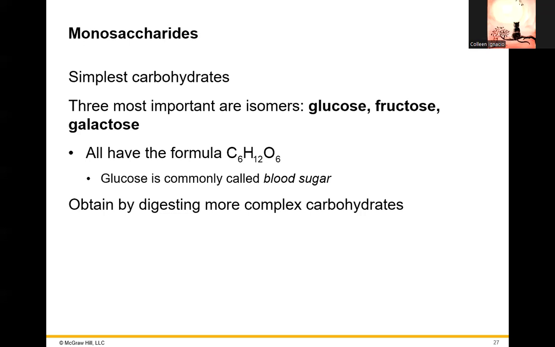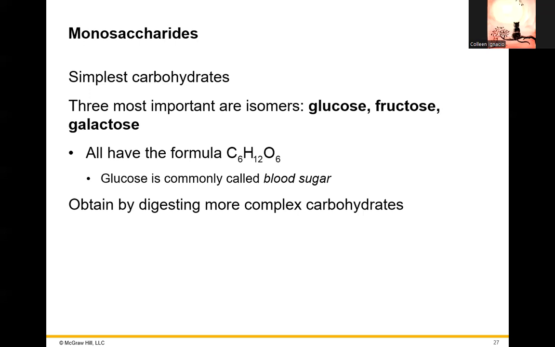Now, glucose is commonly called blood sugar. So when you go to clinical, you will take your patient's blood sugar and you're going to be looking at their levels of glucose. Normal glucose is between about 70 and 105, 110. Okay. Now, the patient can get glucose or these monosaccharides by ingesting more complex carbohydrates.